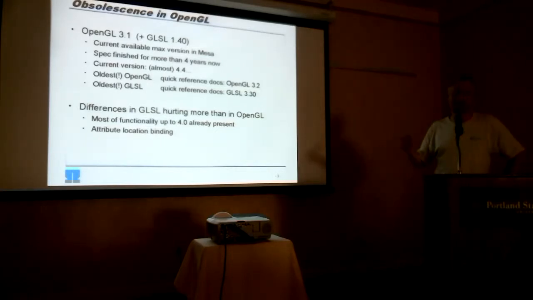Actually, we can, but I'll come to that later with some dirty tricks. And something like attribute location binding, having it in the shader code itself, is very, very helpful, especially for some semantic reasons.